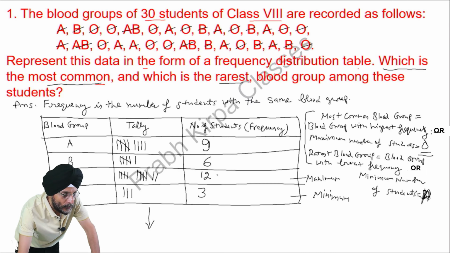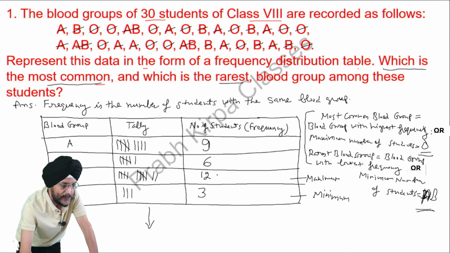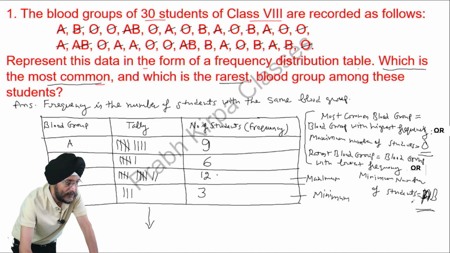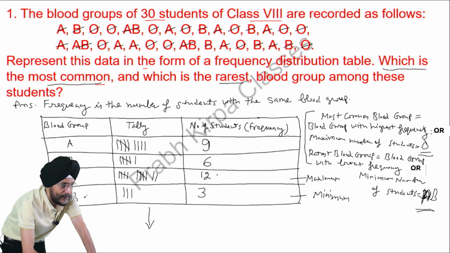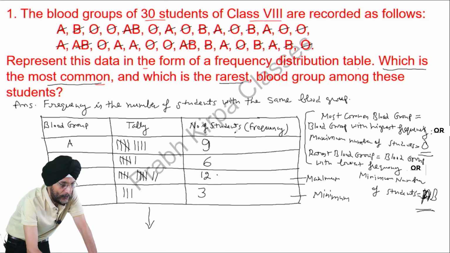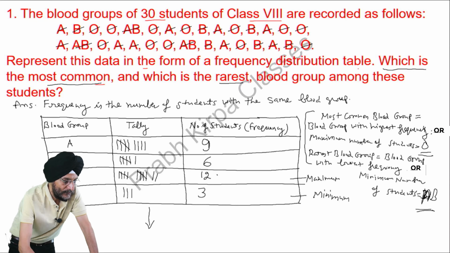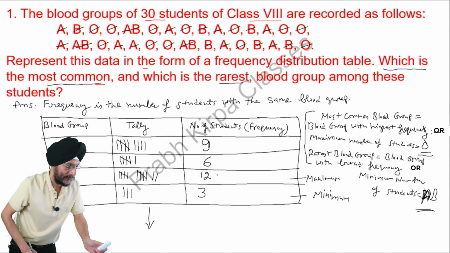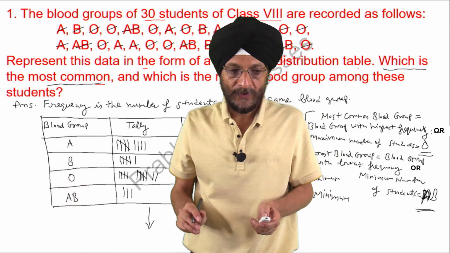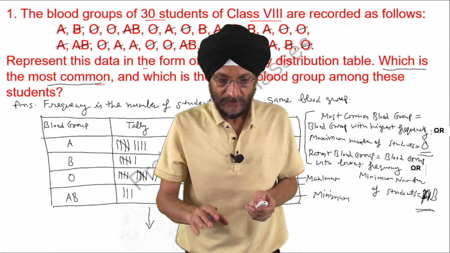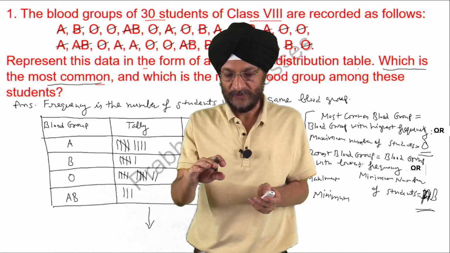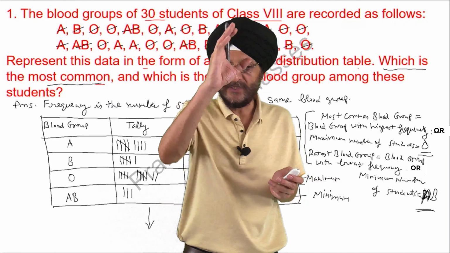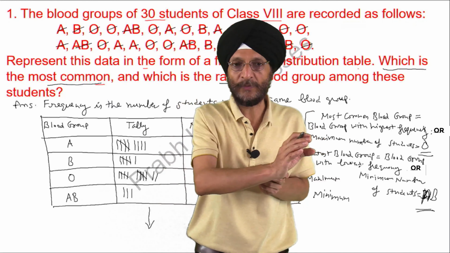Here we have to write not the number of students but the blood group. The rarest blood group found is AB, where the number of students is minimum. We hope you have understood how this table has been formed. The students were given having a particular blood group.